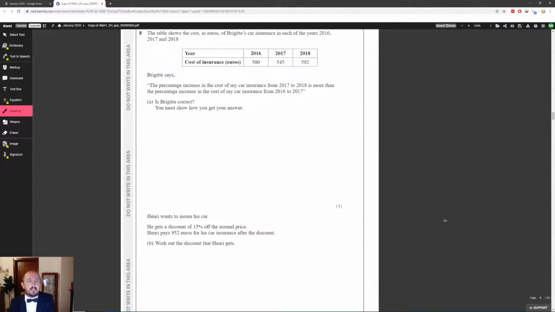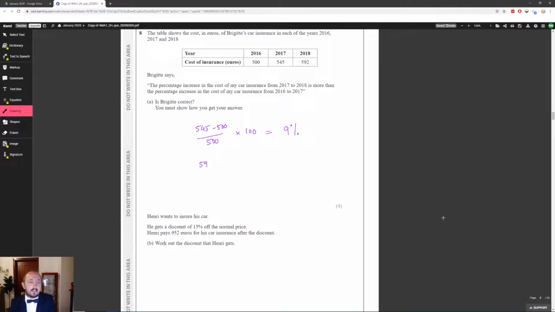So we're going to do percentage change from 2016 to 17. So from 2016 to 2017 we're doing 545 minus 500 over 500, and then we multiply that by 100. So that's 45 over 500. That's going to be 9%. And then we do the same thing from 2017 to 2018.